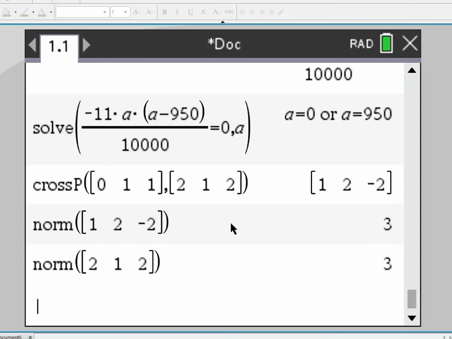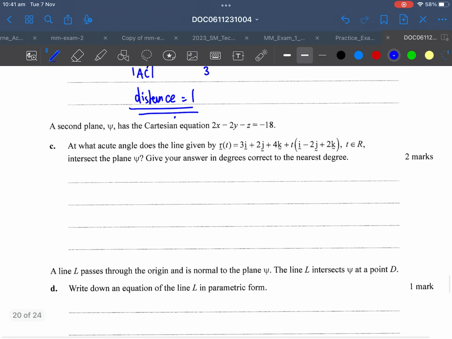Okay. A second plane has Cartesian equation of this. What acute angle does the line given by this intersect the plane? So we have to find the acute angle. What I'm going to do is we can just use cosine inverse of the dot product.